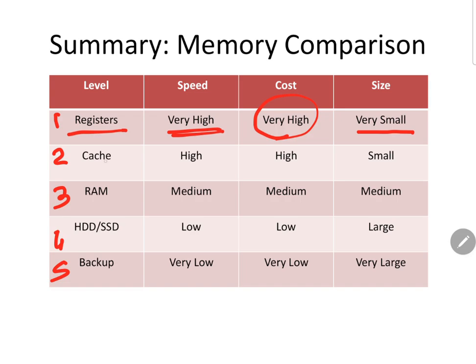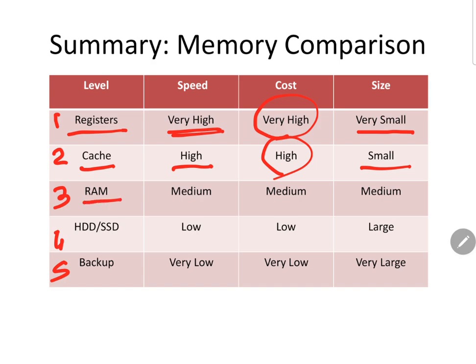Then comes cache memory, which is high in speed, lesser than the register but higher than the RAM. The size is small, and the cost is again high.